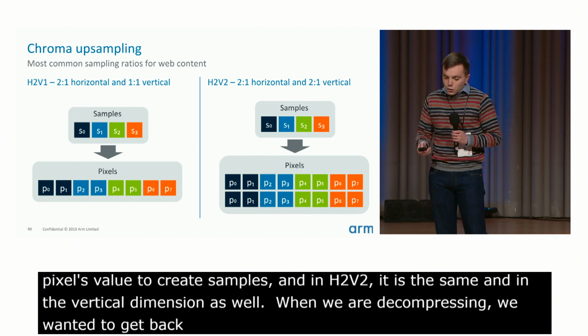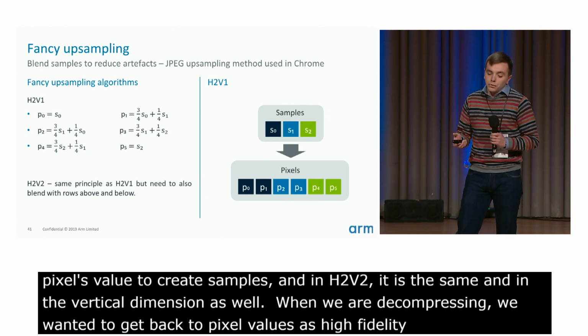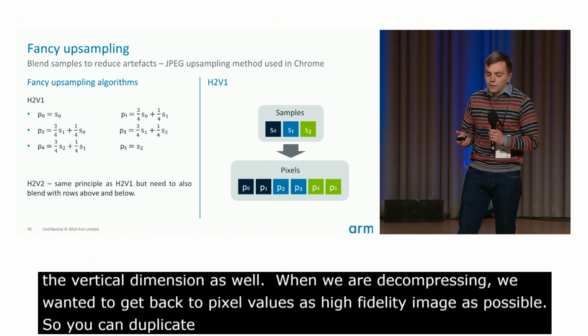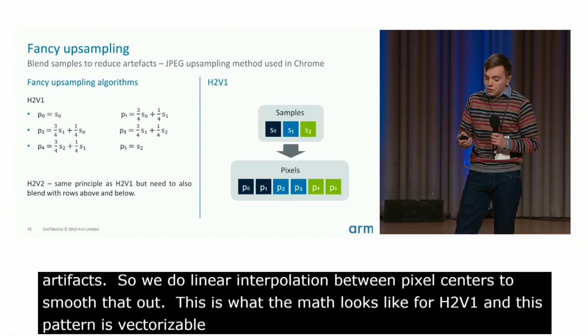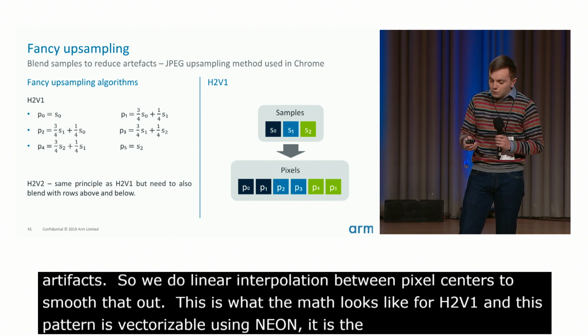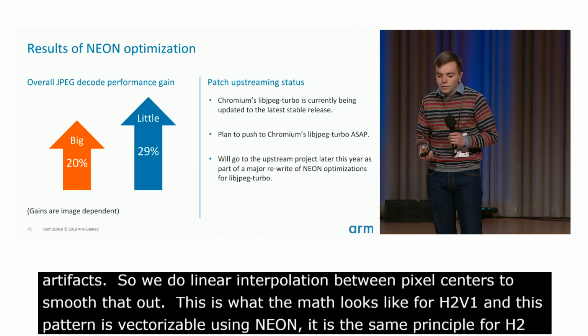You could just duplicate the chroma samples, but you would end up with some artifacts. So we do some linear interpolation between pixel centers to smooth some of that out. Here's what the maths looks like for H2V1, and this pattern is vectorizable using NEON. It's the same principle for H2V2, just you need to blend in the vertical dimension as well.